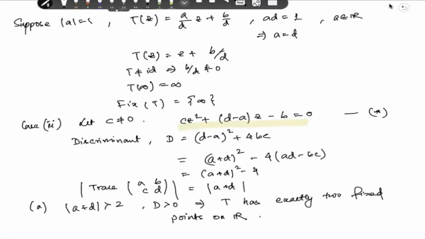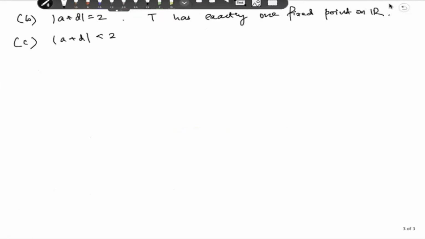One root will lie in the upper half plane and the other root will lie in the lower half plane. So the conclusion is T has exactly one fixed point in the upper half plane.